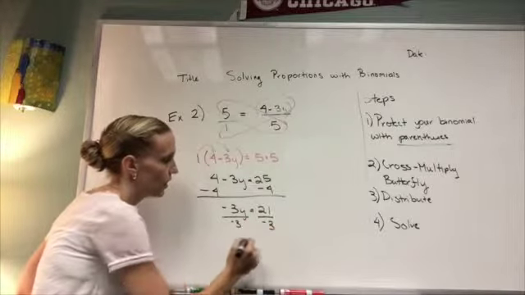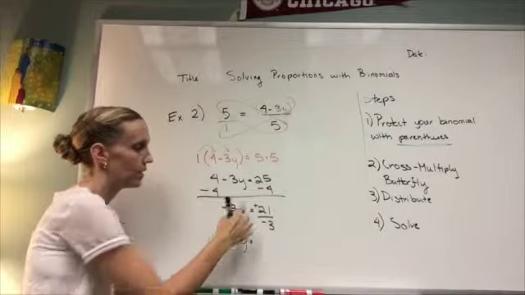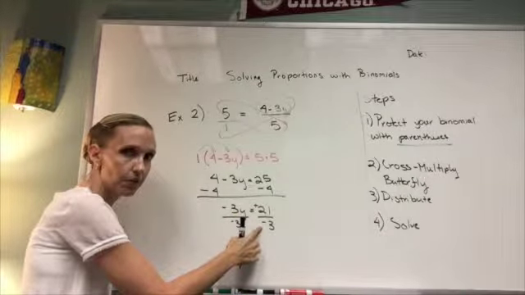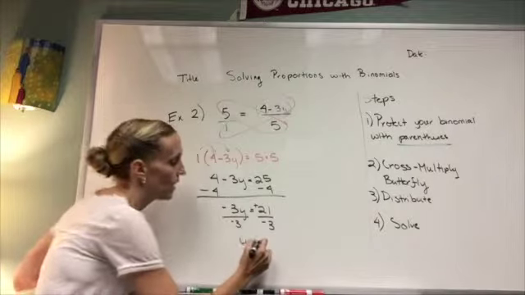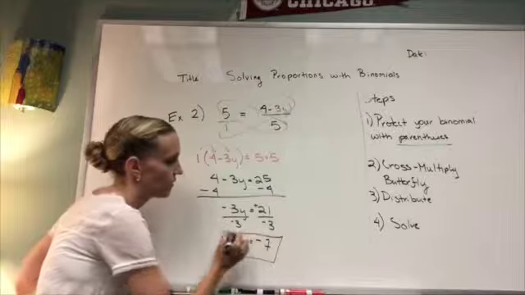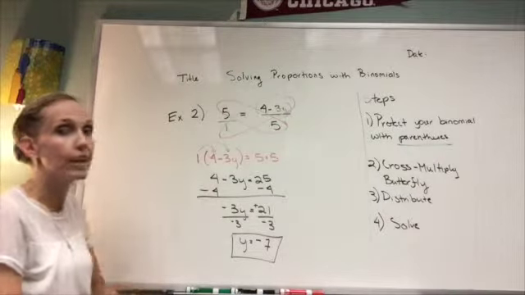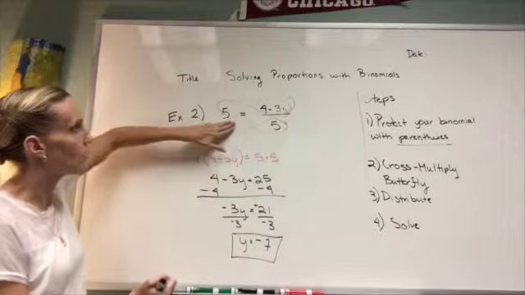Now be careful of your signs here, because this is a positive 21. What's a positive divided by a negative? Positive divided by a negative is a negative. So I get negative 7. Y equals negative 7.